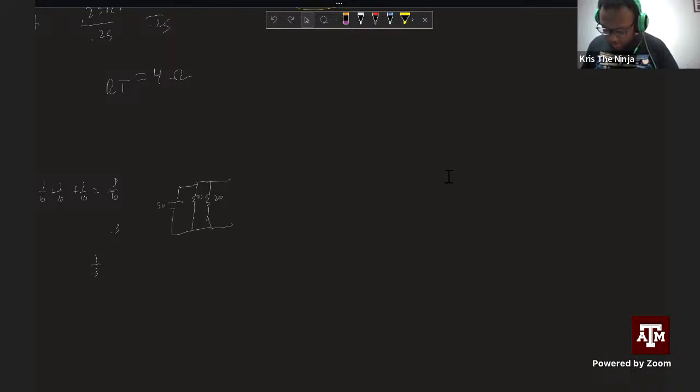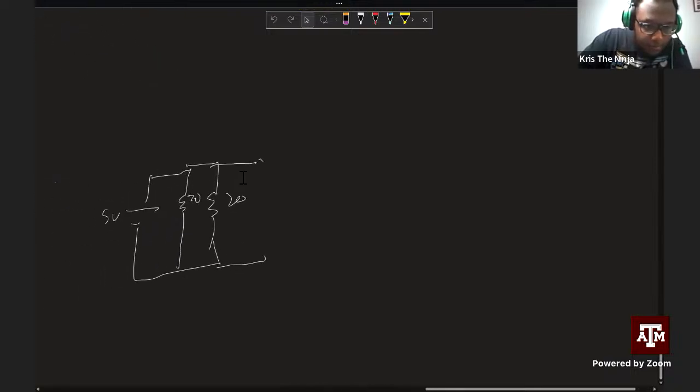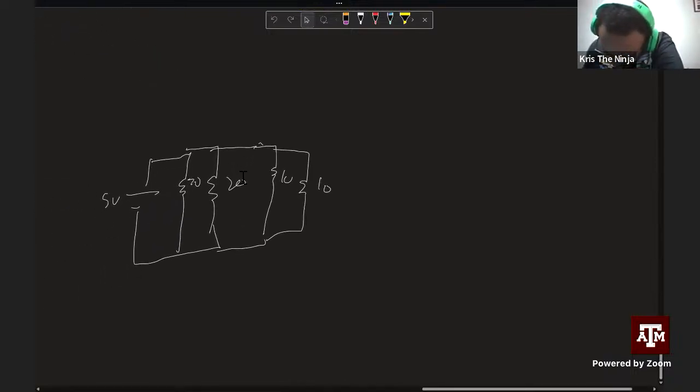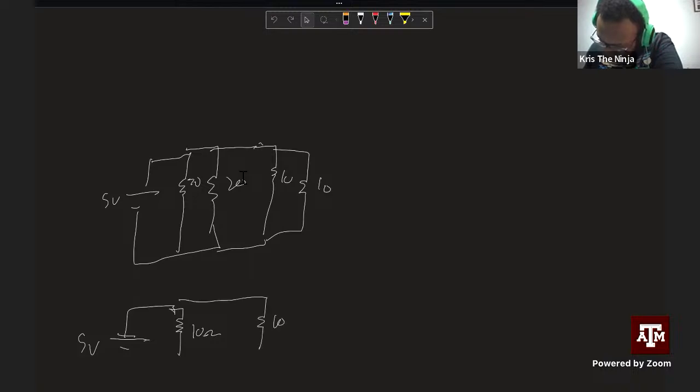Then you had 10 and 10. You could combine these two resistors because the current would split evenly between the two. So you would really end up having a 5-volt battery, and you'd have one resistor with 10 ohms and another one with 10 ohms, and the 10 and 10 you could also simplify down to 5 ohms. So I'm just going to simplify it down to 5 ohms.